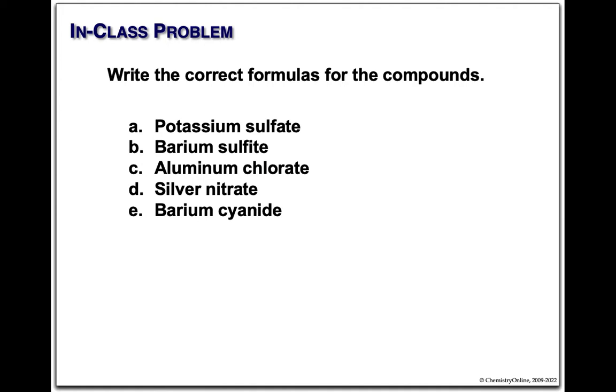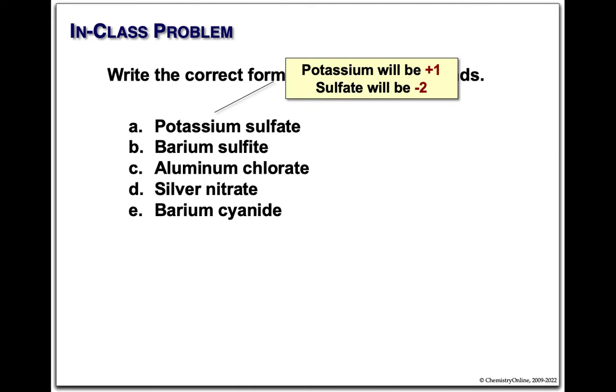So, sulfate is SO4, -2. Potassium, group 1, +1. We need 2 potassiums for every sulfate, K2SO4. See if you can run through the rest.